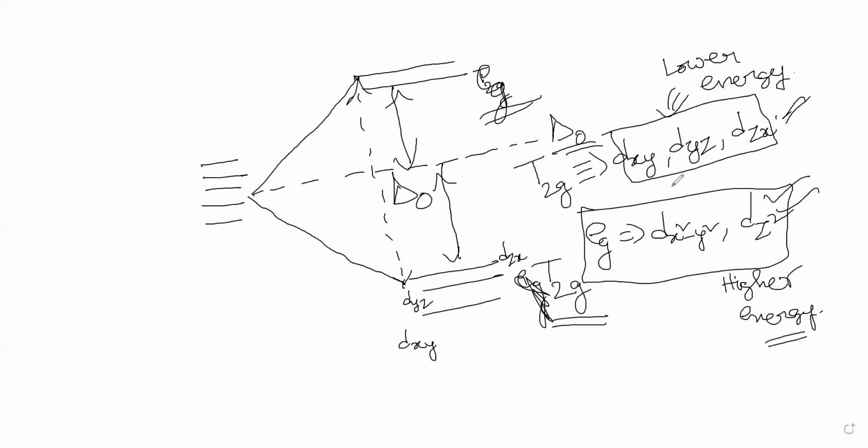So the d orbitals form two kinds of sets. Set 1 is T2g, which contains dxy, dyz, dzx. The other set is Eg, which is dx square minus y square and dz square.